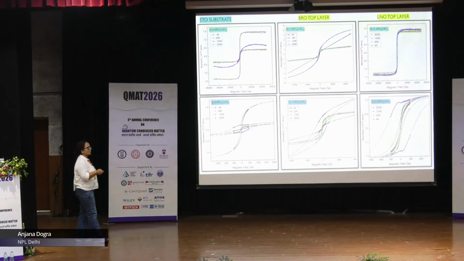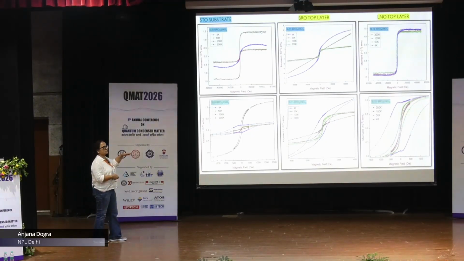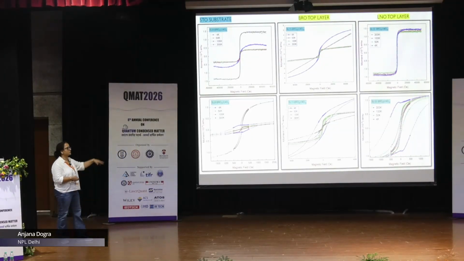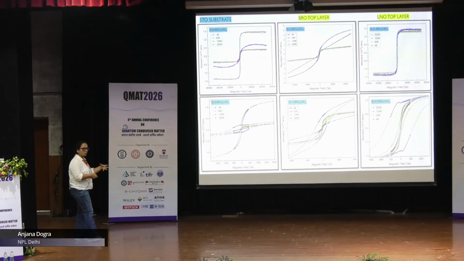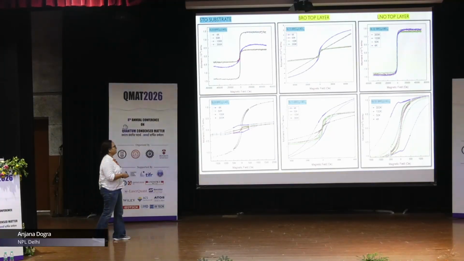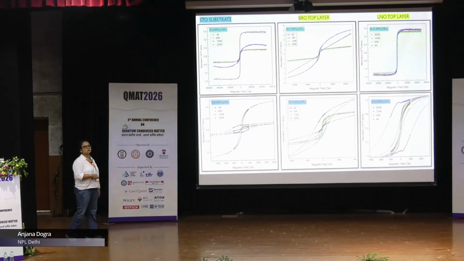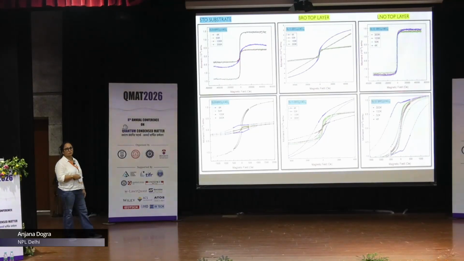For the BRO top layer, you have this non-saturation, more of a ferrimagnetism-like behavior we can discuss, and the signature of the hysteresis steps also changes with the change in the top layer.